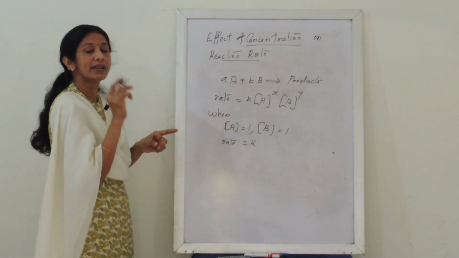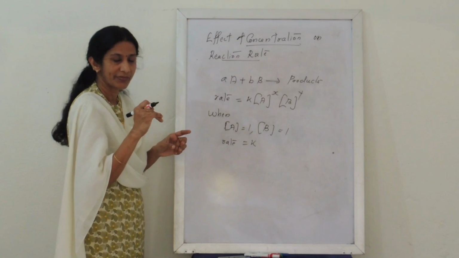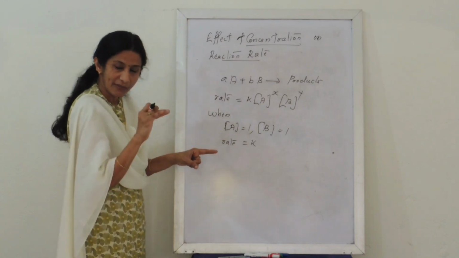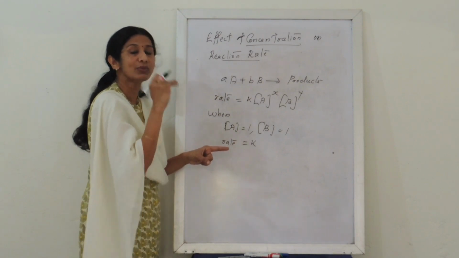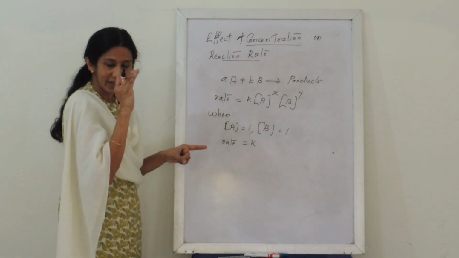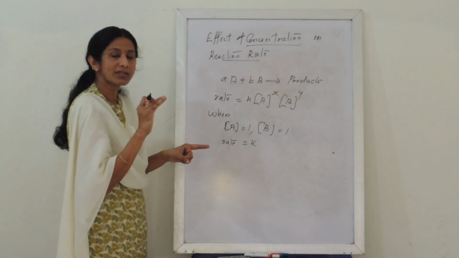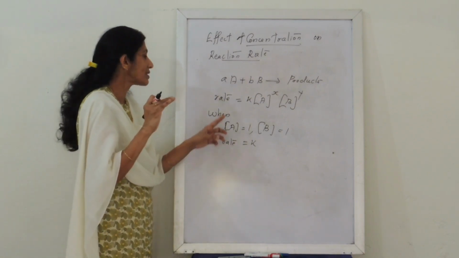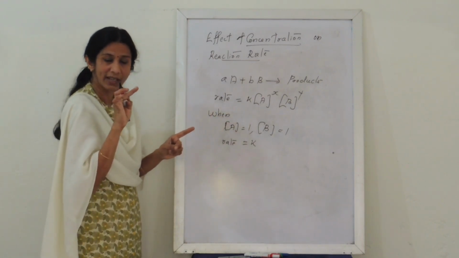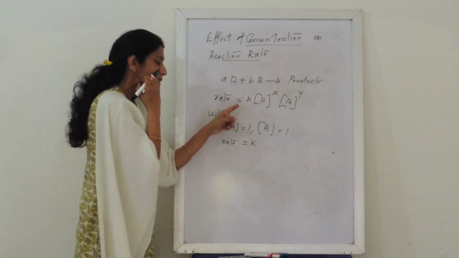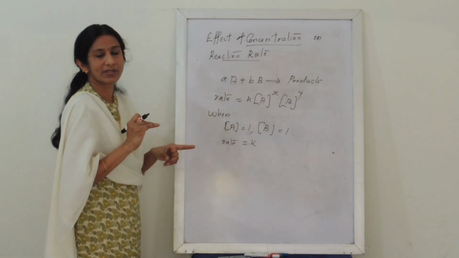And k is the rate constant or specific reaction rate, that is, the rate of a reaction when the concentration of reactants is unity. The rate constant is the rate of a reaction when the concentration of the reactants is unity. അതായത് എയുടെയും ബിയുടെയും കോൺസെൻട്രേഷൻ 1 ആണെങ്കിൽ rate becomes equal to k. k is the rate constant.